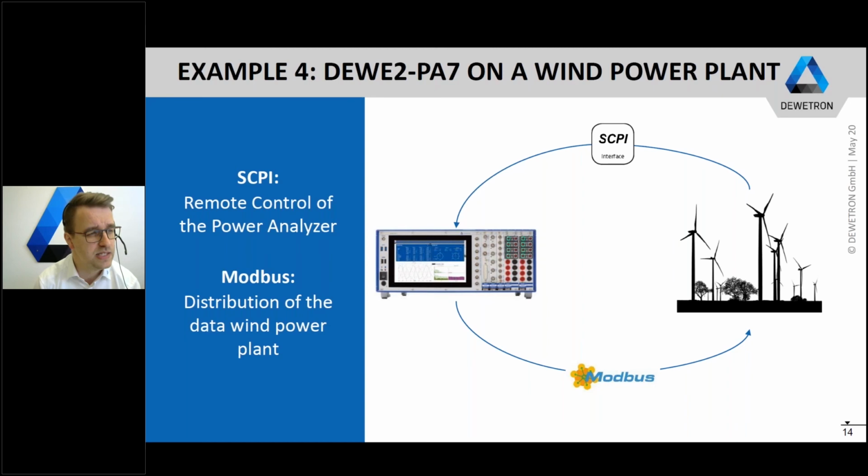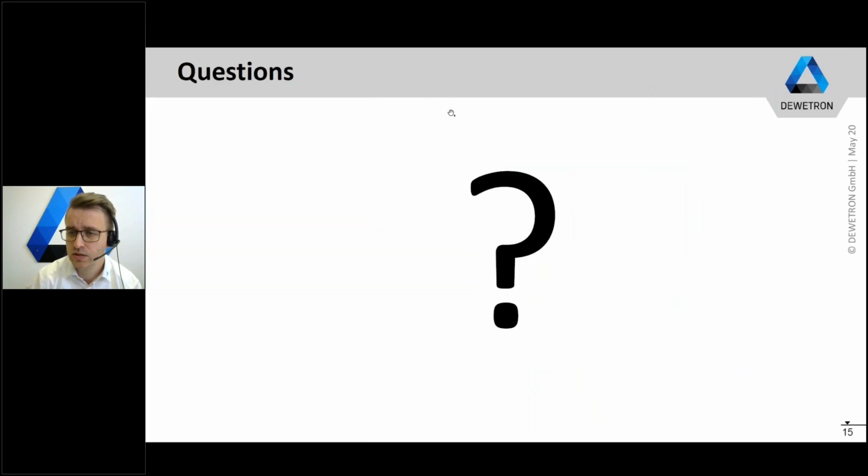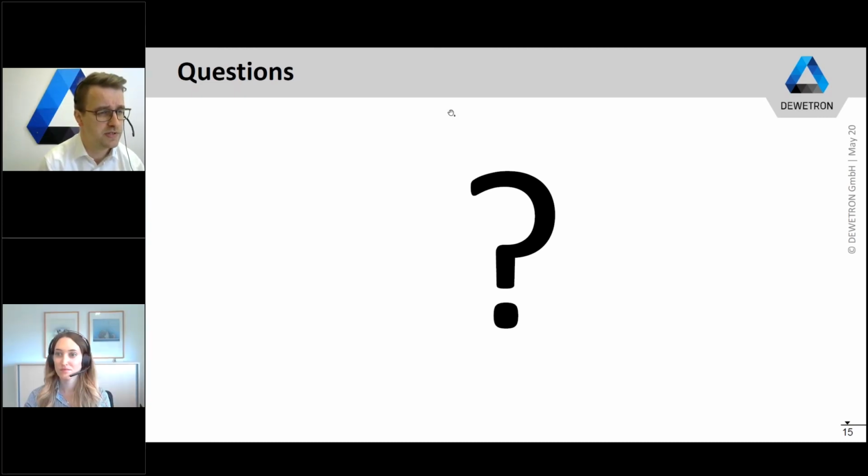And we are going to send data via Modbus back to the wind park. So this is just a project that is going to be realized. These are just some short examples of possibilities where Industry 4.0 is taking part of the power analyzer.